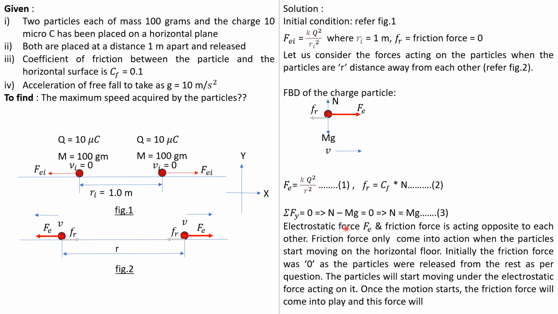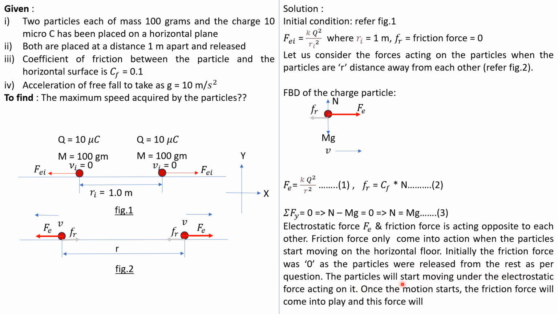So electrostatic force Fe and friction force are acting opposite to each other. Friction force only comes into action when the particles start moving on the horizontal floor. Initially, the friction force was 0 as the particles were released from rest as per the question.